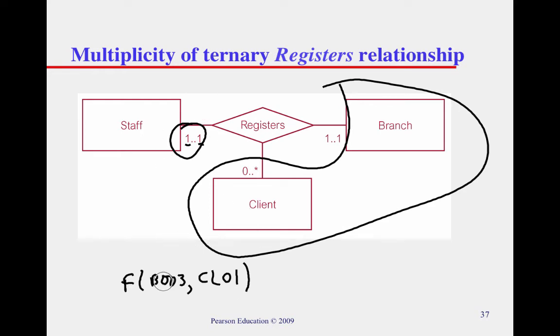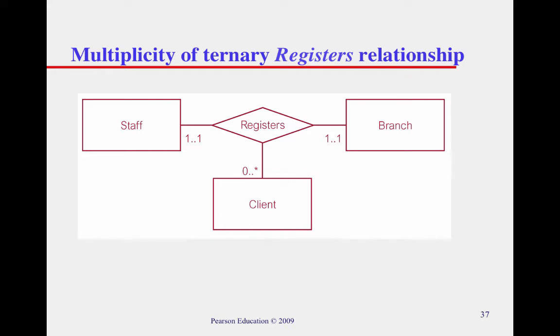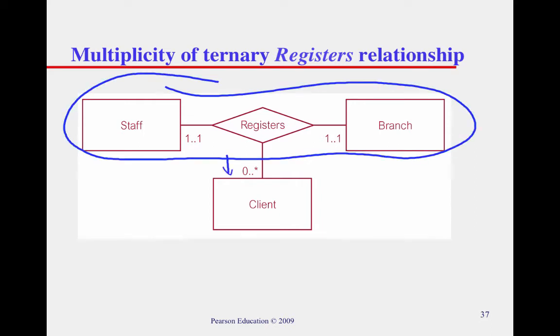Just a sec. So you're asking about this. You're saying how can this yield a 0 to many? Okay, so if you think about the relationship, you have one staff member, we'll call it S03, and one branch, say 005. You think about how many clients could that person have signed up?